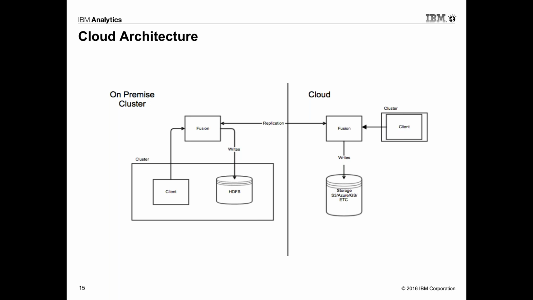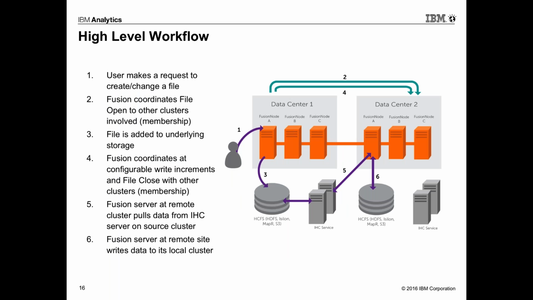Once an agreement is reached, it writes to the local HDFS or any of these HDFS compatible file systems, and then streams that data over to the remote zone, whether that's cloud or, in this case, on-premise. I pretty much explained how this flow works in my previous charts. But again, here is just another view of this flow.